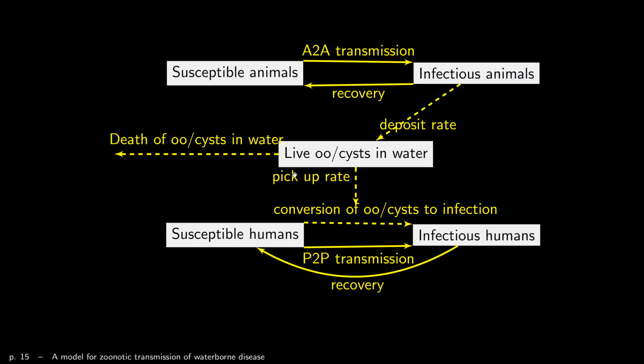So like we saw in the Capasso model, the pathogen is in the water. There is a death rate of the pathogen in the water because it can't survive for all time. But then there's also a pickup rate by humans, by susceptible humans, and that leads to the transmission of infection.